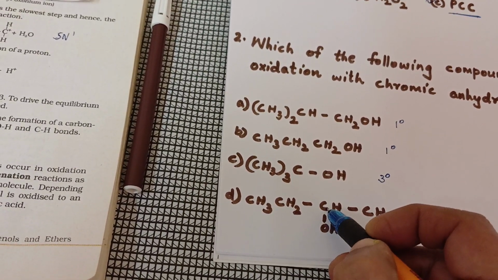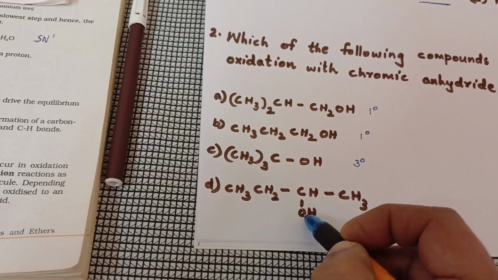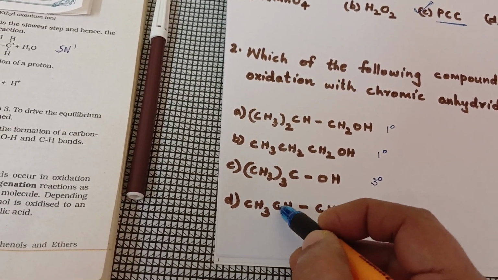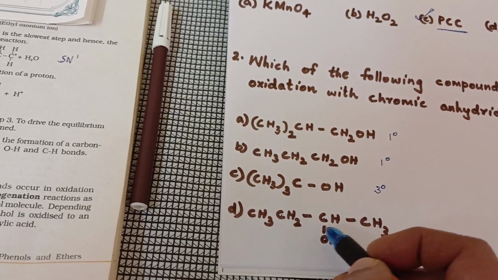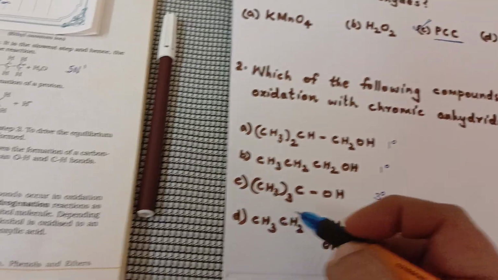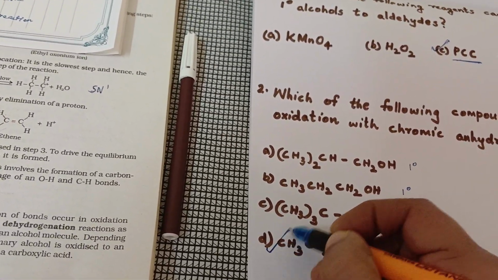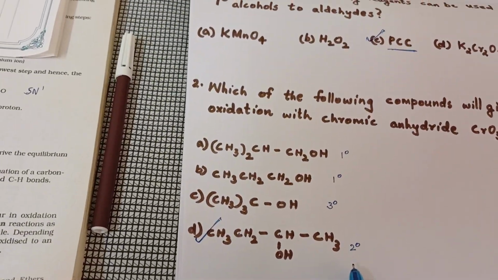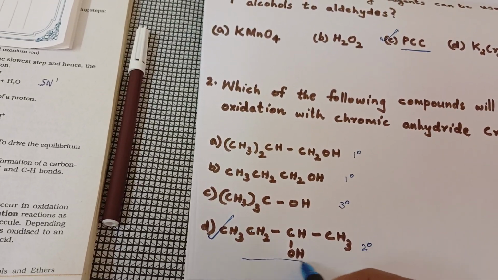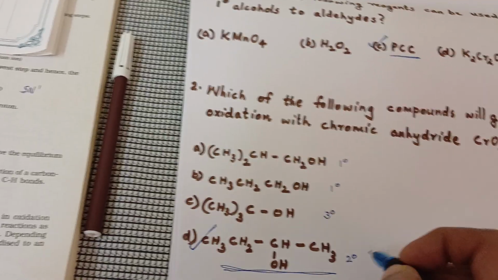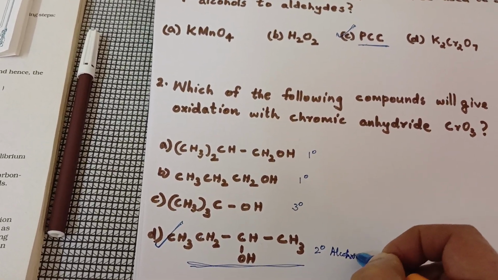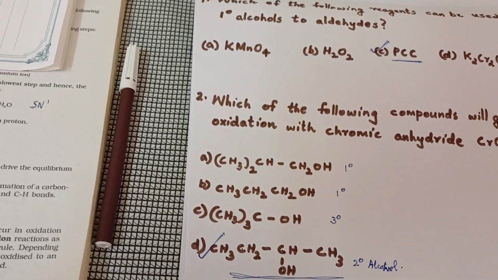This carbon has the OH group on it, and it is connected to 2 other carbons. So this is a 2-degree alcohol. If we treat a 2-degree alcohol with an oxidizing agent like CrO3, you will get a ketone. So our option D will be the correct choice.